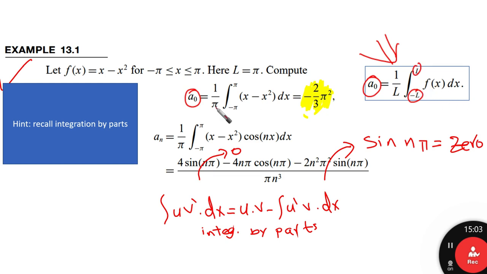So we make the integration: 1 over pi, from minus pi to pi, of x minus x squared dx. This is a very simple definite integration, and we obtain the value of a naught. It is minus 2/3 pi squared. It's a number.